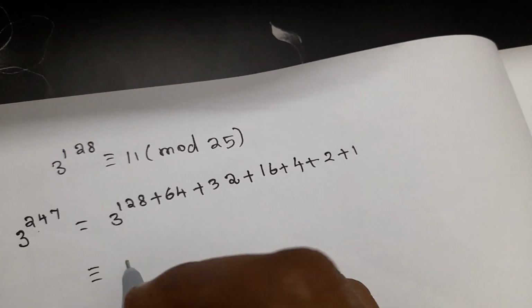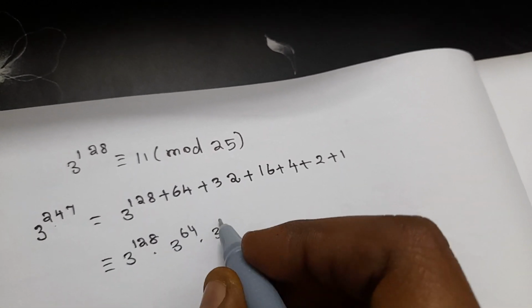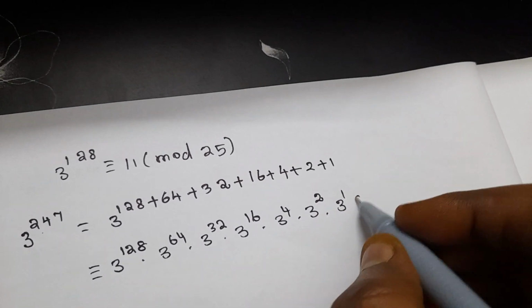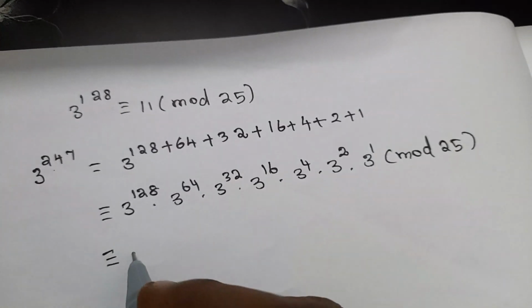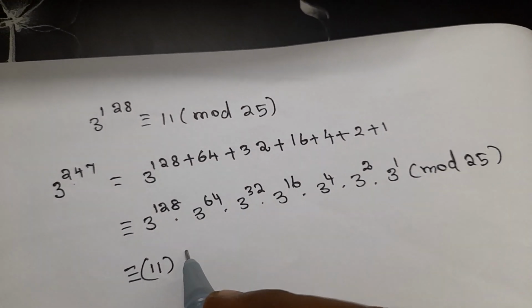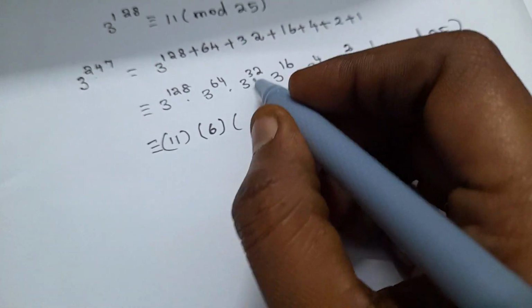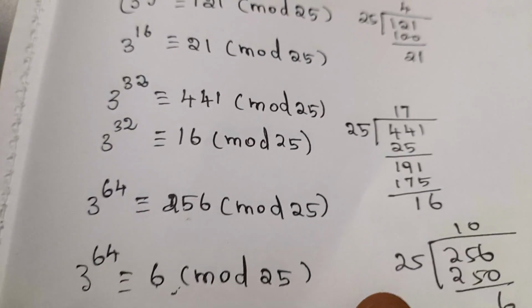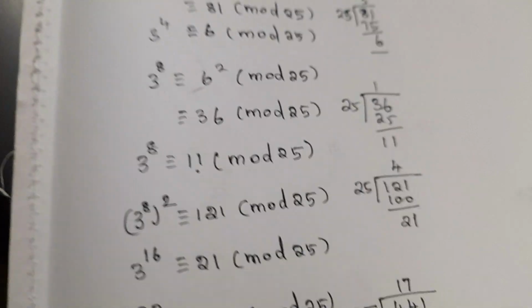This is congruent to 3 power 128 into 3 power 64 into 3 power 32 into 3 power 16 into 3 power 4 into 3 power 2 into 3 power 1 mod 25. 3 power 128 value is 11, so we replace the corresponding terms: 11 into 3 power 64 value, that is 6, into 3 power 32 value, 16, 3 power 16 value, 21, and 3 power 4 value, that is 6.